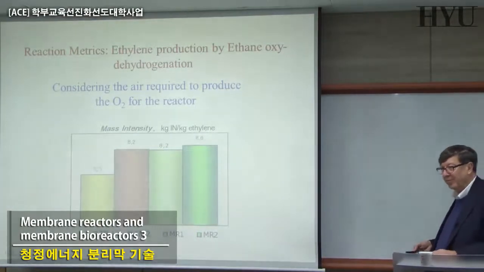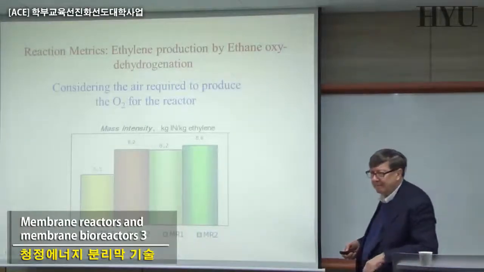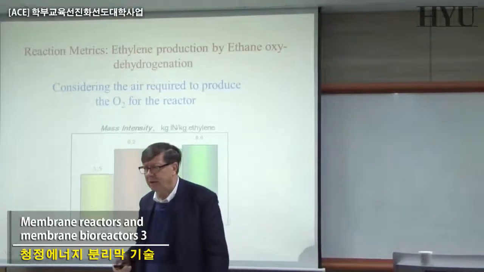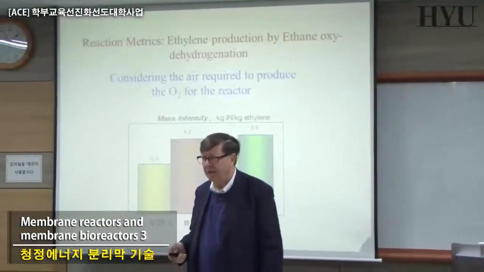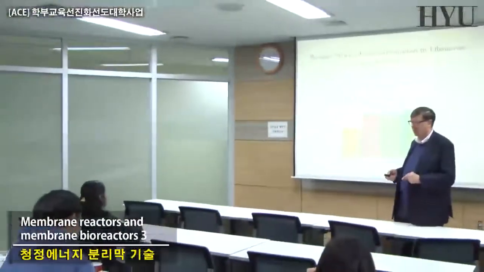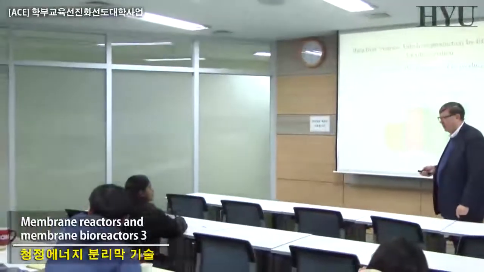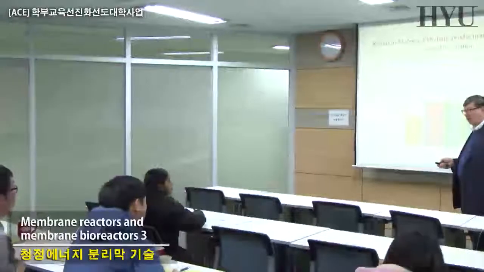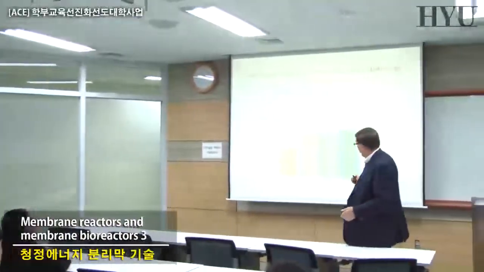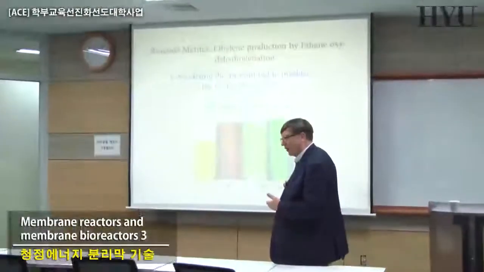The best available traditional one is still at the lower value. Isn't it better to have lower mass intensity? Tell again? The lower the mass intensity, the better, isn't it? No, if the mass intensity is lower, it's worse compared to the membrane reactor in this case.